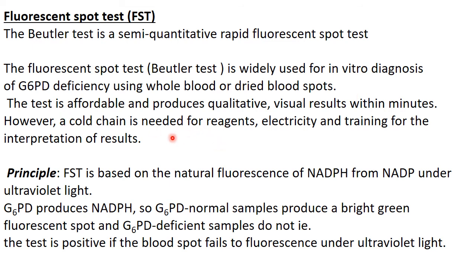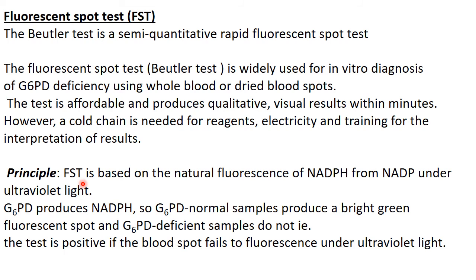The test is affordable and produces qualitative visual results within a few minutes. However, a cold chain is needed for storage of reagents, and electricity and training for interpretation of results are required.